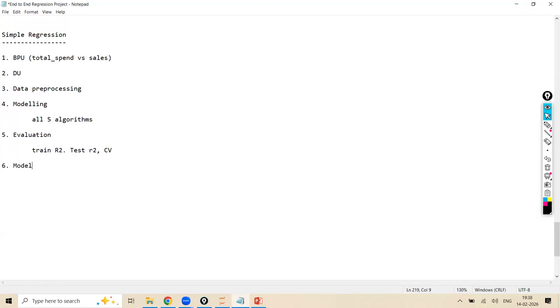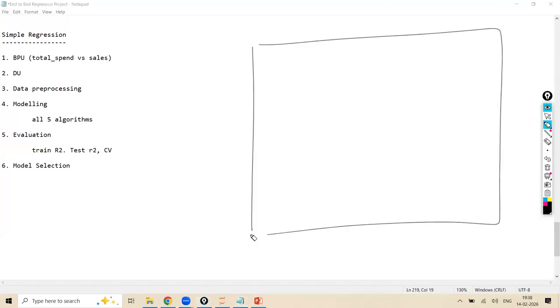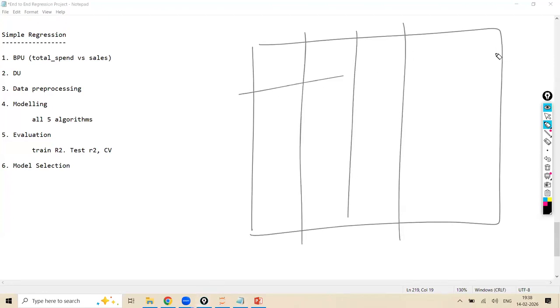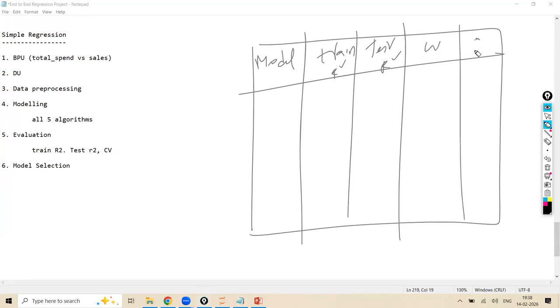Now finally, what was left? Model selection and saving the model. This is the only thing left. So for doing this, I require a table like this. In the table, I'm going to write model name, train R square, test R square, and CV, and whether it is a good model or bad model.